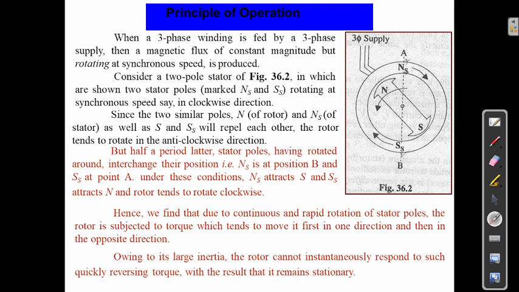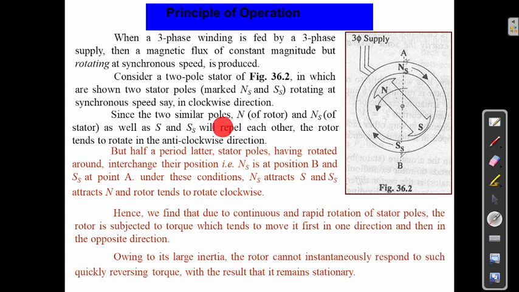Now we will consider this two pole stator in this figure, in which the two stator poles are marked as Ns and Ss. It is rotating at synchronous speed, in the clockwise direction.